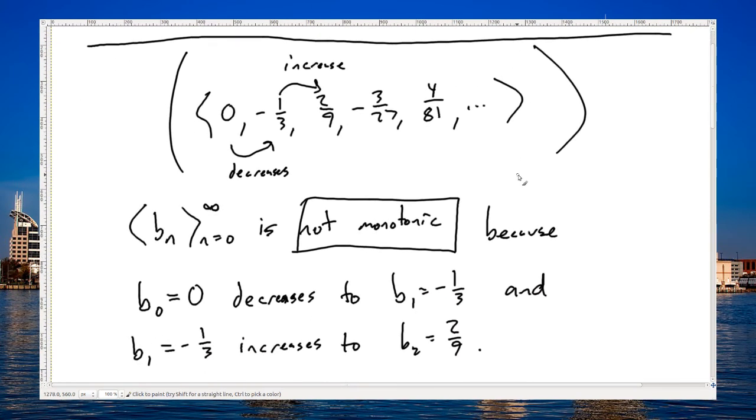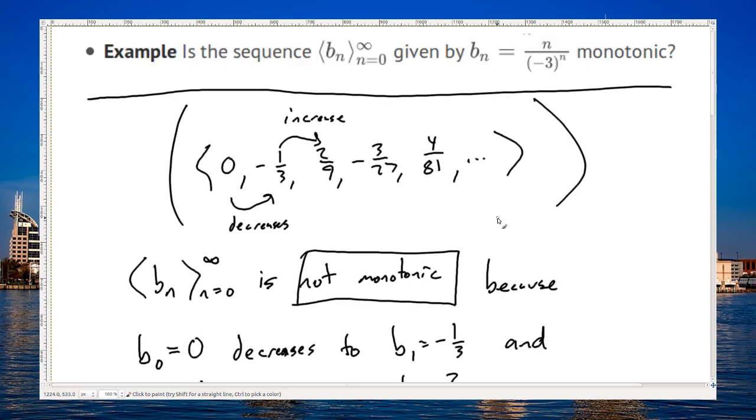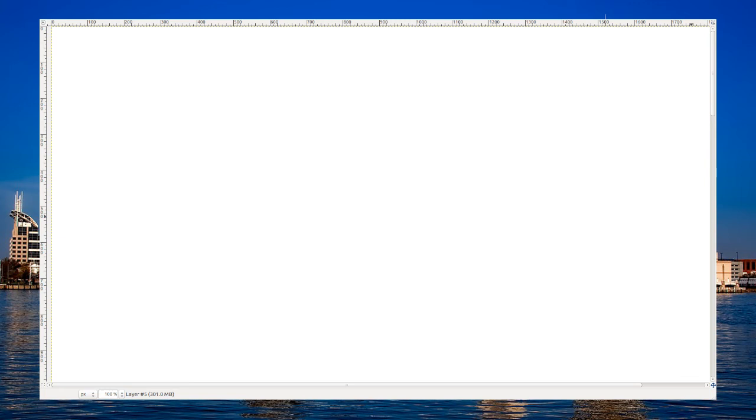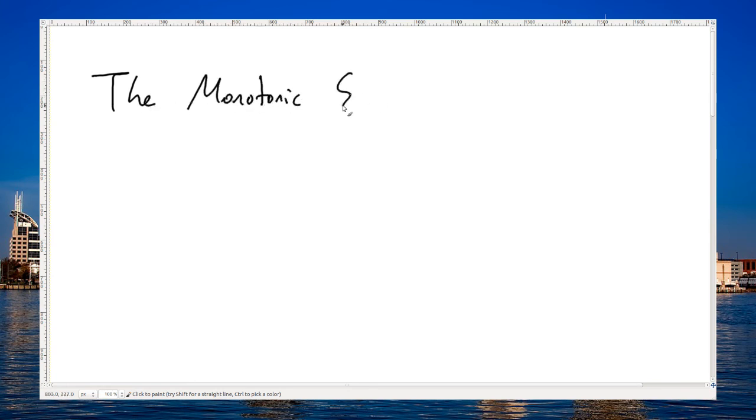Okay, so it seems kind of technical, right? We've got this idea of a bounded sequence, a monotonic sequence. Why would we care about naming these things and talking about these properties? And that's where the monotonic sequence theorem comes in. So I'm just going to write this down real quick. The monotonic sequence theorem.